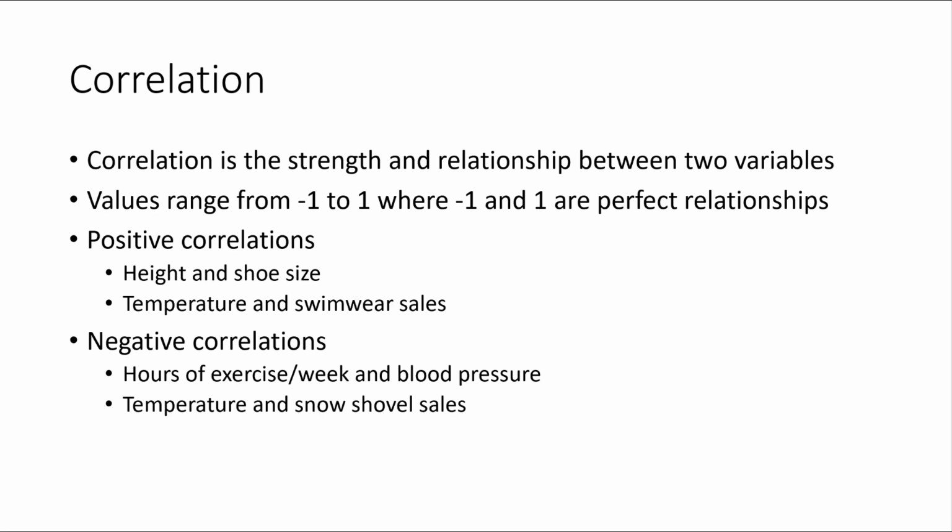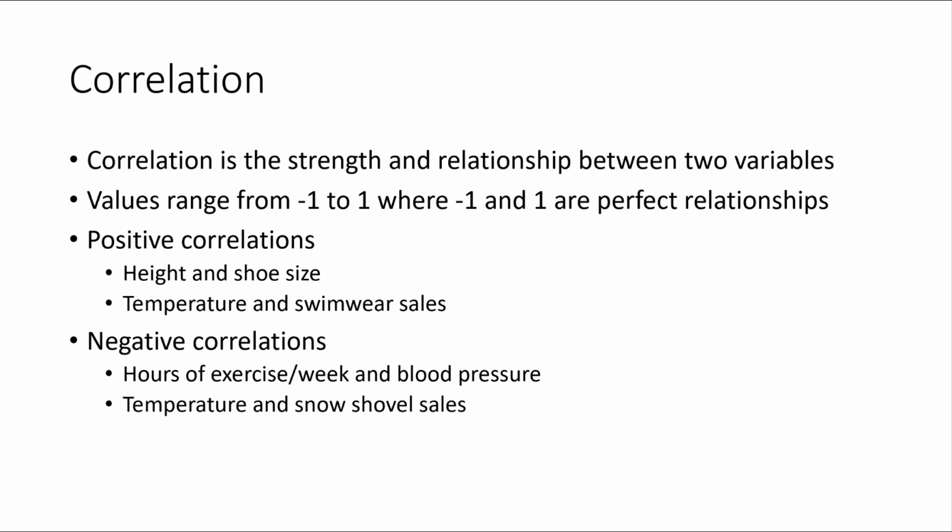So those things tend to go up about the same. Another positive correlation is temperature and swimwear sales. So in January, probably not a lot of swimwear sales going on, but as we get closer to summer, swimwear sales tend to pick up. So as one of those goes up, so does the other one.